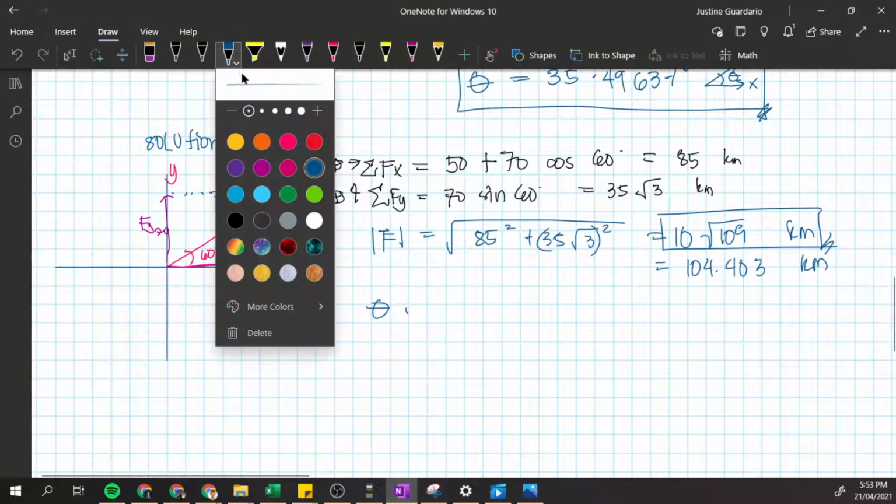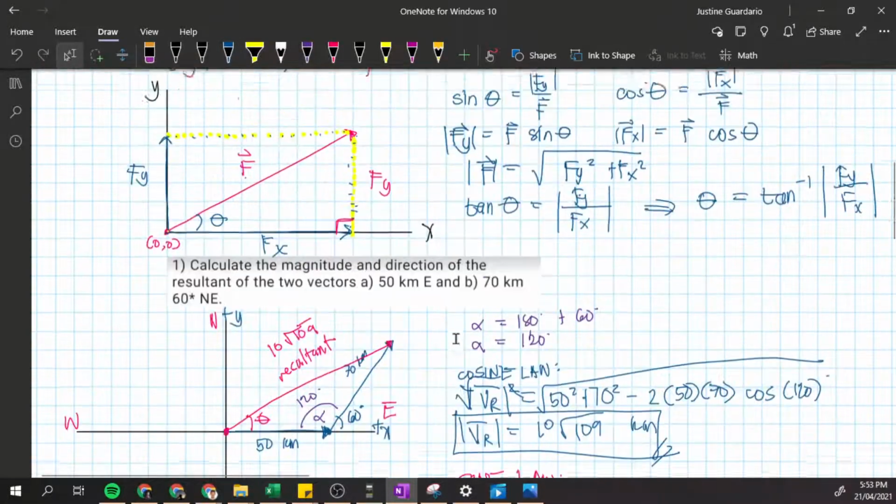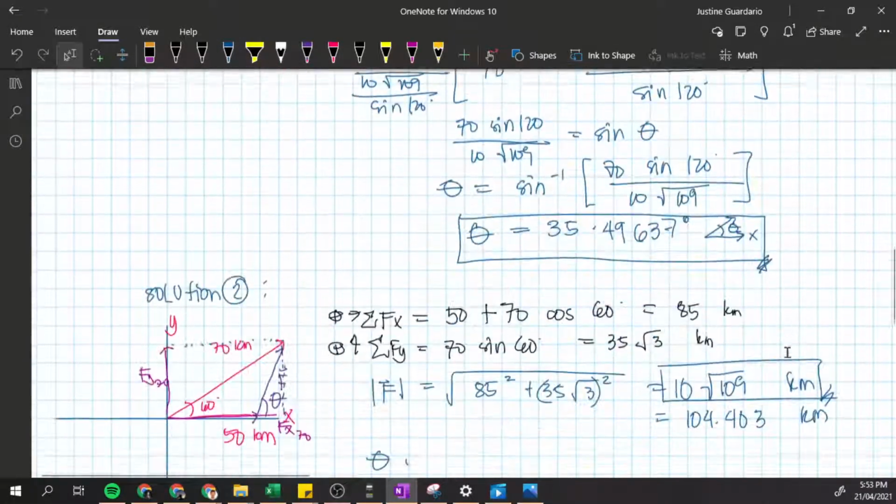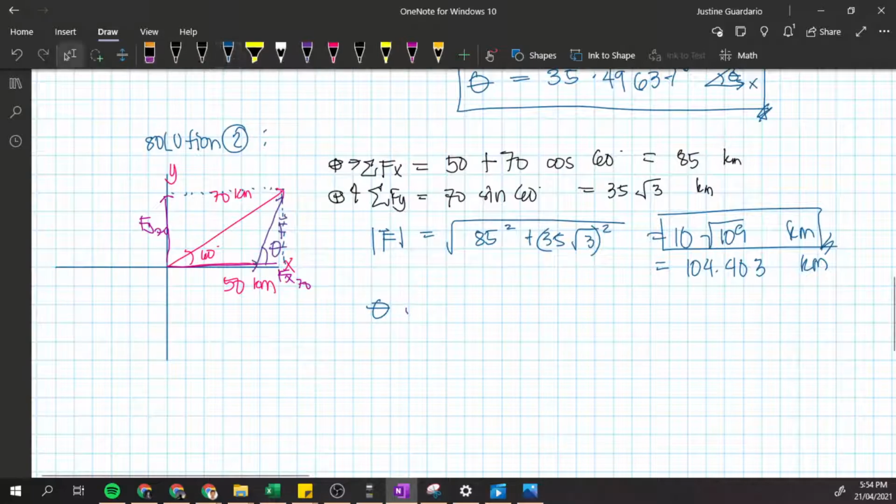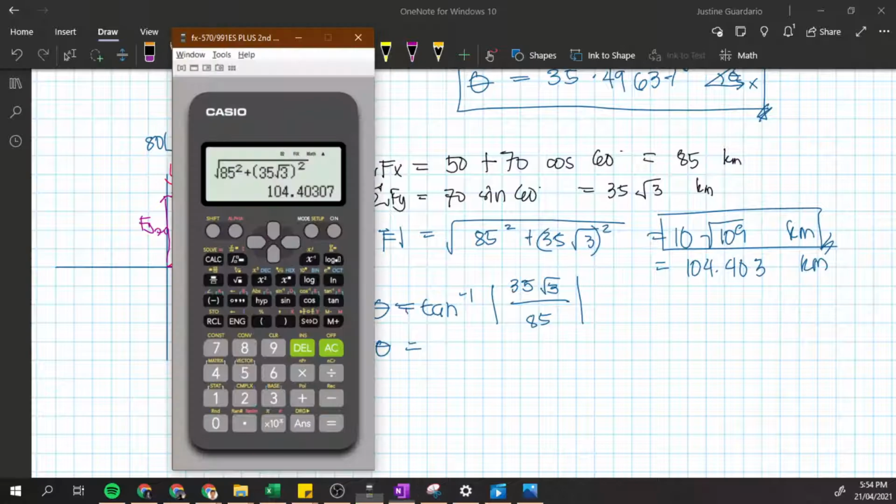Okay? The theta is equal to arctan Fy over Fx. Arctan Fy over Fx. That is equal to 35 square root of 3 over 85. Okay? Hence, our theta is equal to arctan, gamit naman tayo ng arctan, 35 square root of 3 over 85.